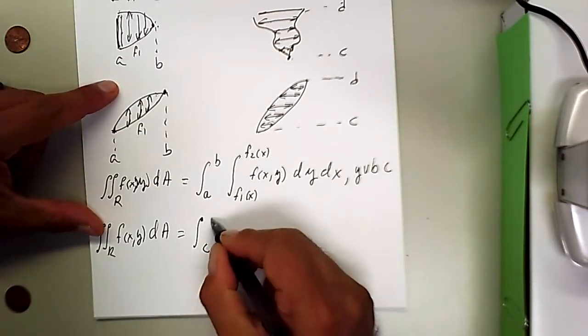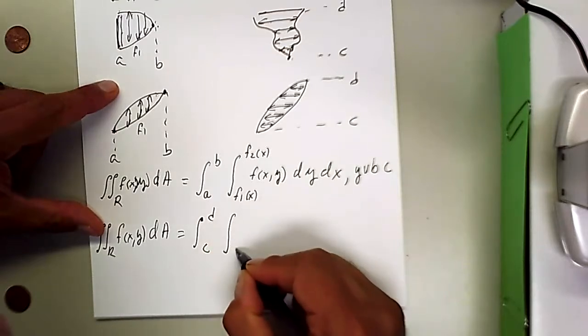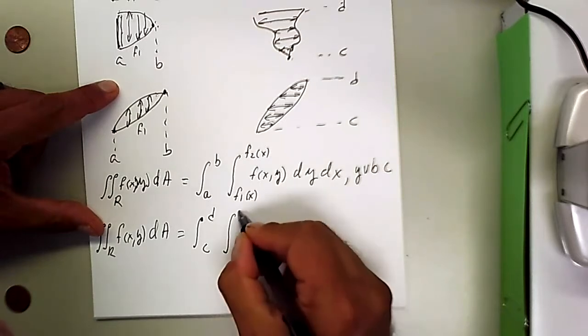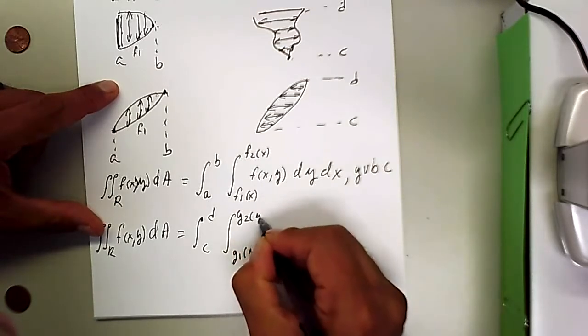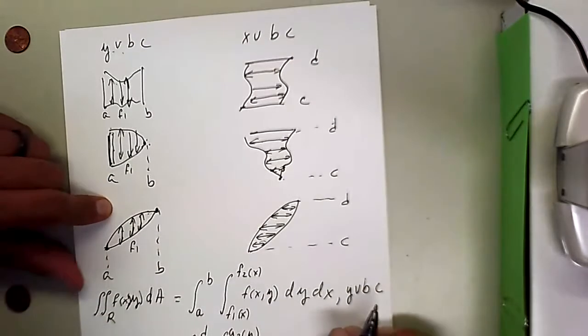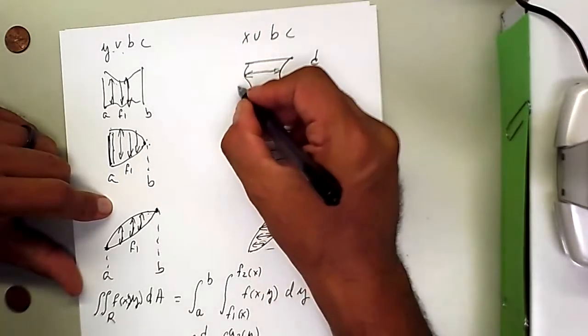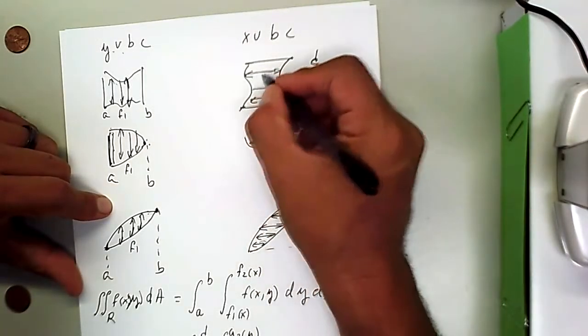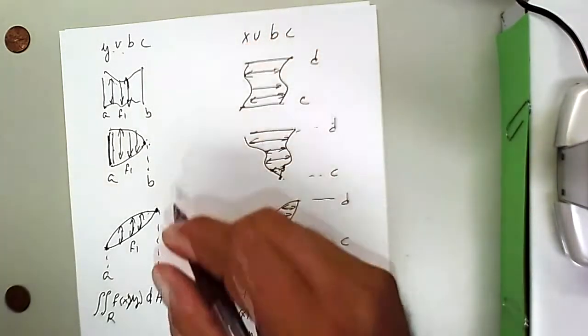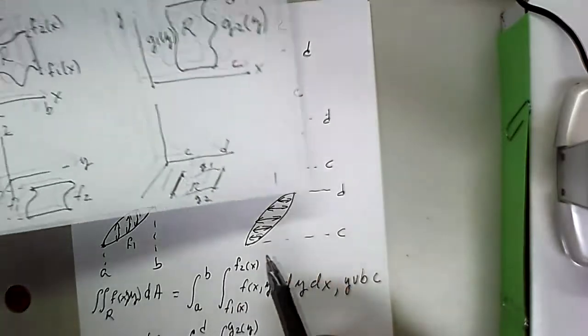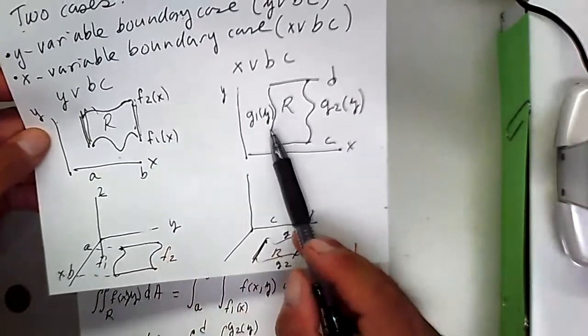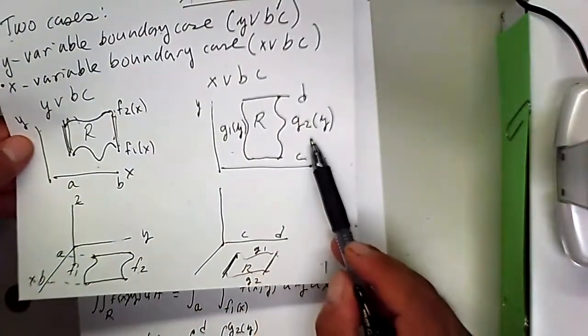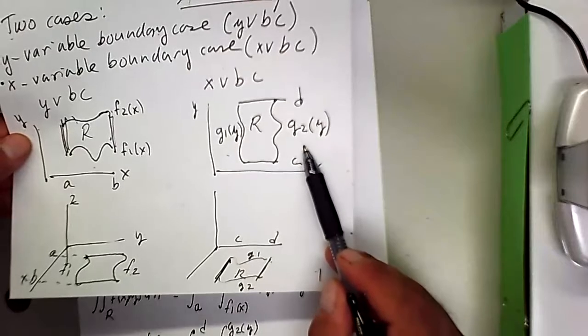If you are in one of those cases, it can be written as the integral from c to d of the integral from g1 of y to g2 of y. So g1 is going to be the smallest, which in this case, because we are thinking of these pictures on the xy plane, is going to be on the left, and the larger g is going to be on the right.